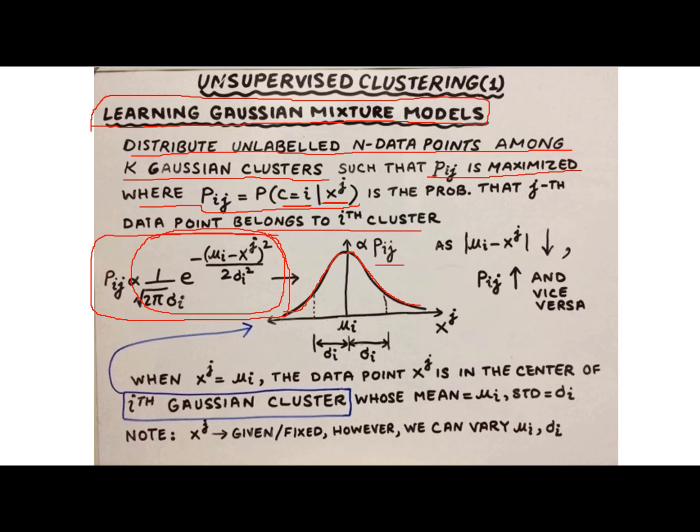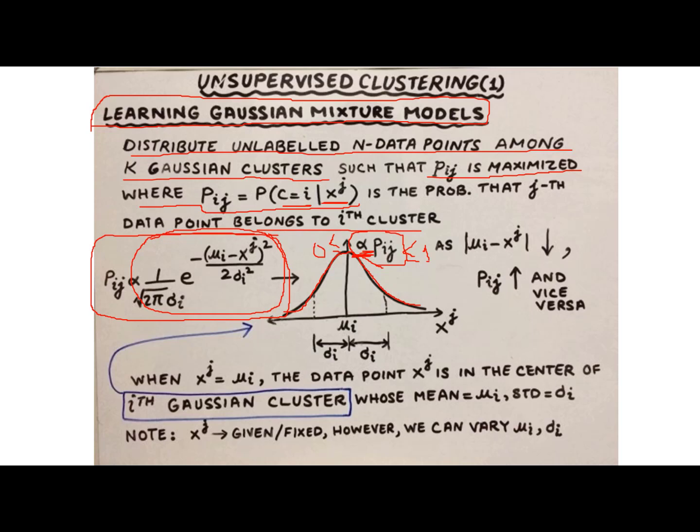Notice that we've been saying that this probability is proportional to this expression because a probability value has a restriction that it needs to be less than or equal to 1 and greater than or equal to 0, whereas the probability density function can have values which may not respect these limits. So we have to be careful. That's why I have used this constant alpha here.